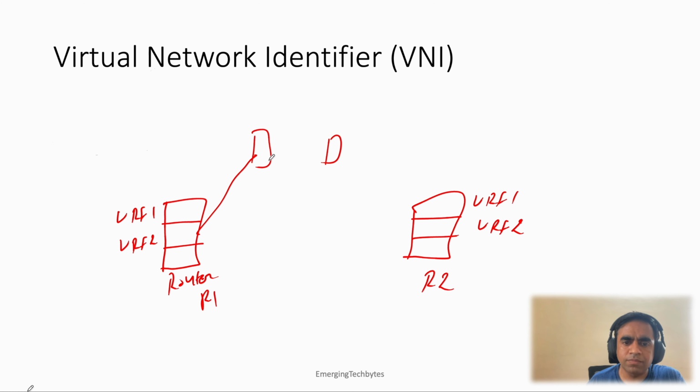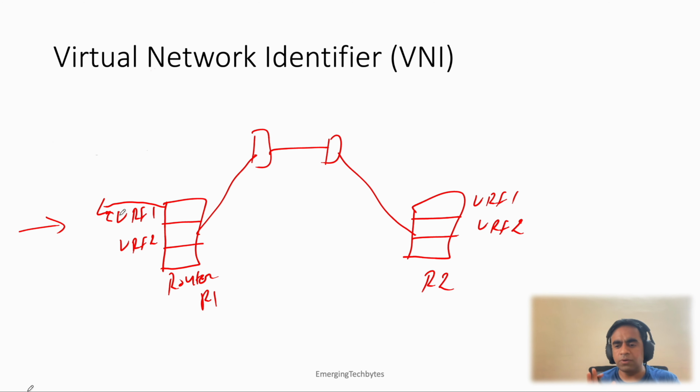Doesn't matter. They don't understand any of these things. VRFs are not created here. So now, tell me, if there is a packet which comes from here for VRF1, this guy will know because this packet is hitting an interface which is designated for VRF1.